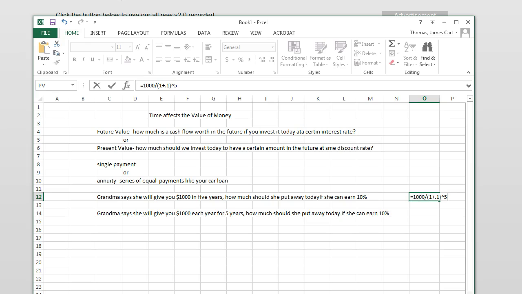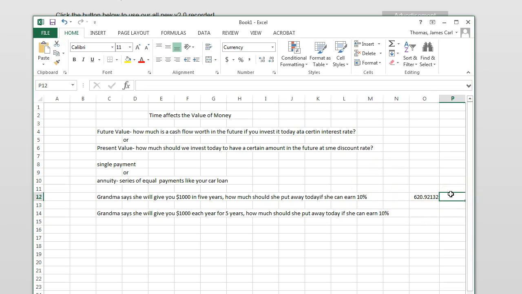Let's see what we get. And we get an amount of $621, roughly. So if she puts away $621 and she can earn 10%, she's going to be able to give you $1,000 in 5 years. What a deal, huh?